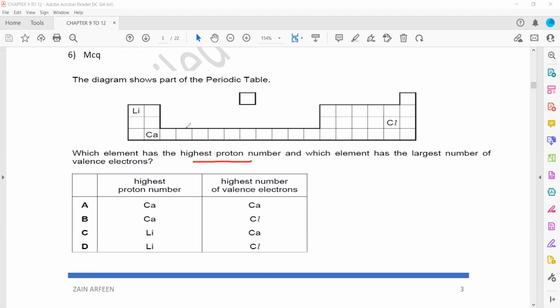Lithium, calcium, or chlorine? Lithium is 3. So the highest number of valence electrons, group 7, is chlorine. Chlorine has 17 protons, 17 electrons. Calcium's atomic number is higher. The valence electrons are highest in chlorine, but the number of protons is more for calcium. So that's why B is the right answer for this.